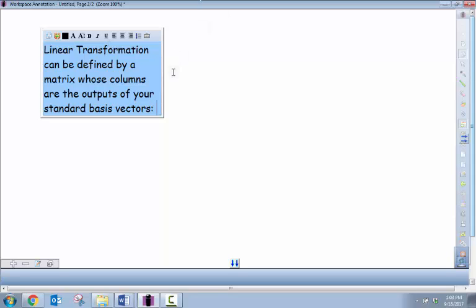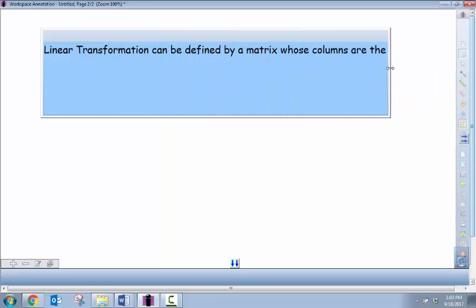And your standard basis vectors, they call it E, E sub 1, E2, and they're basically ones in whatever spot and then zeros everywhere else. So E1 will have a 1 in the one spot, zeros everywhere else.